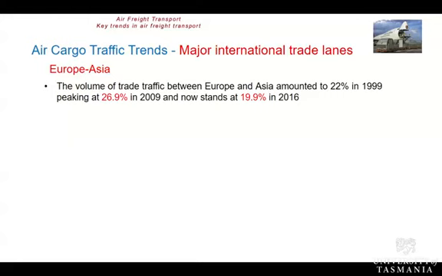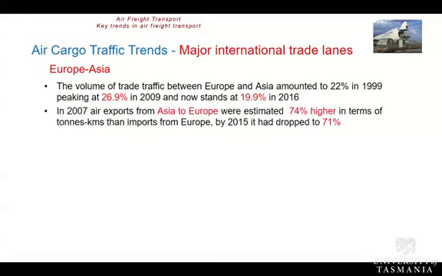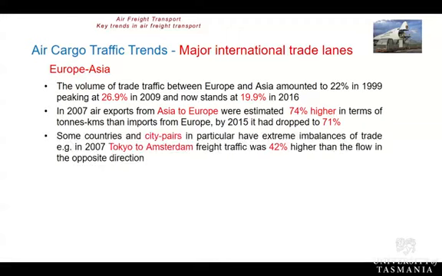It peaked at 26 or 27% in 2009, and now sits at just under 20. So there's been quite a significant drop in the movement of goods over this trading lane. And an even greater imbalance exists on this lane than the imbalance between Asia and North America: 71% imbalance in favour of Asia.